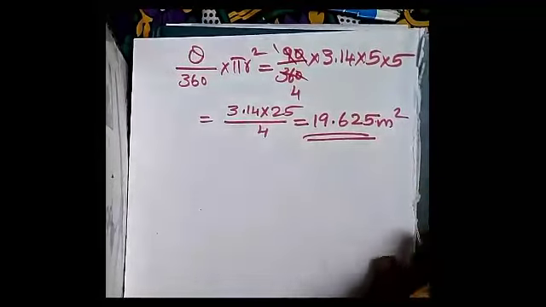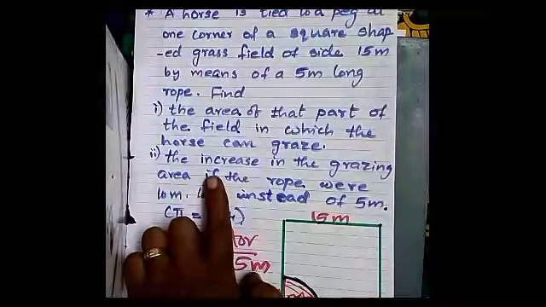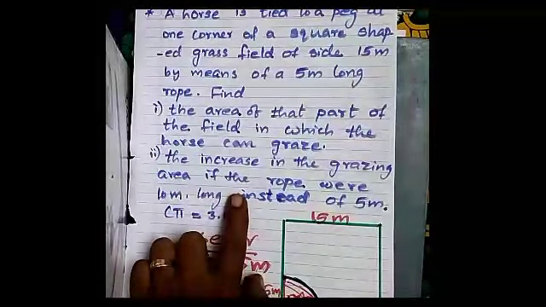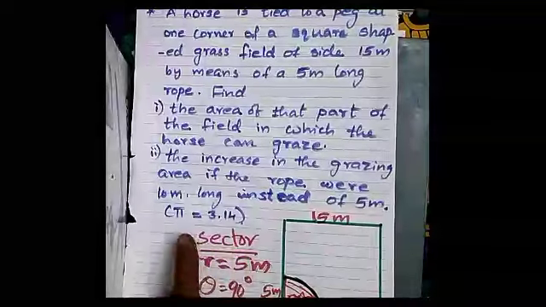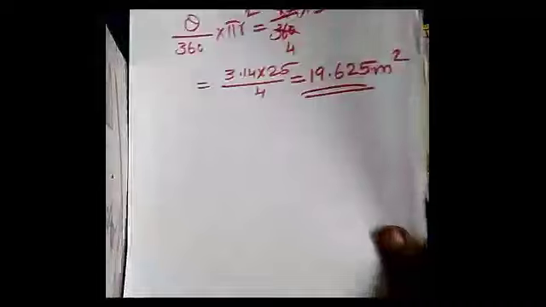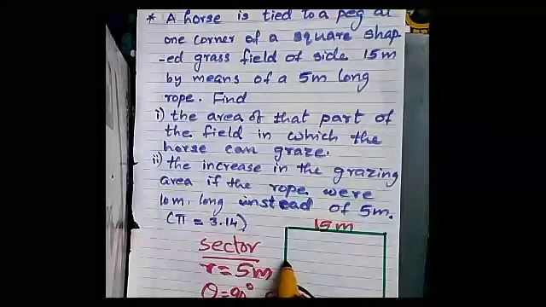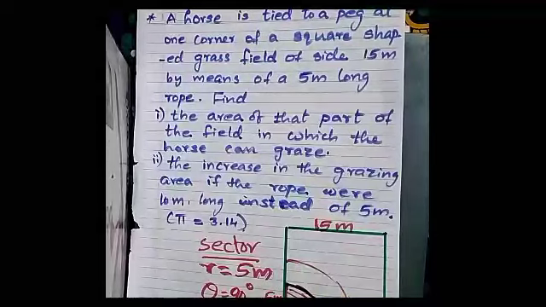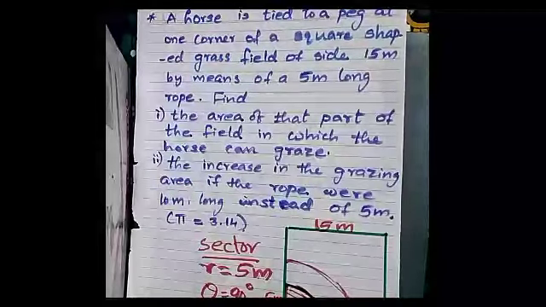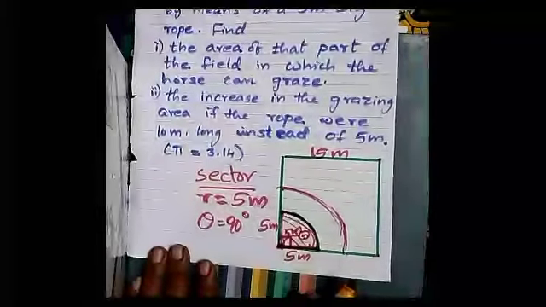Now, what is the question number 2? Question 2 is the increase in the grazing area if the rope were 10 meters long instead of 5 meters. So if the rope is having length of 10 meters instead of 5 meters, the area you can see like this.